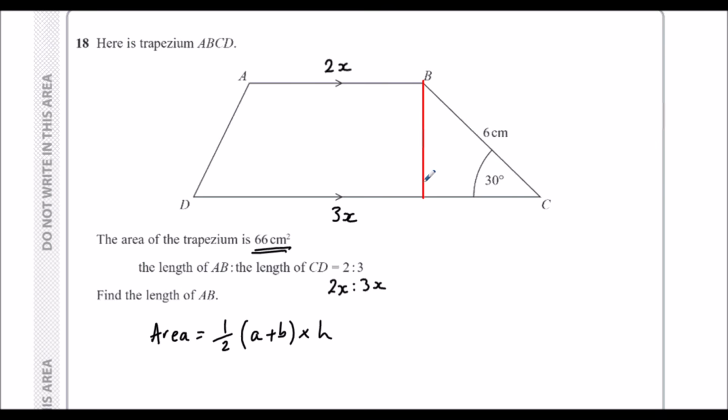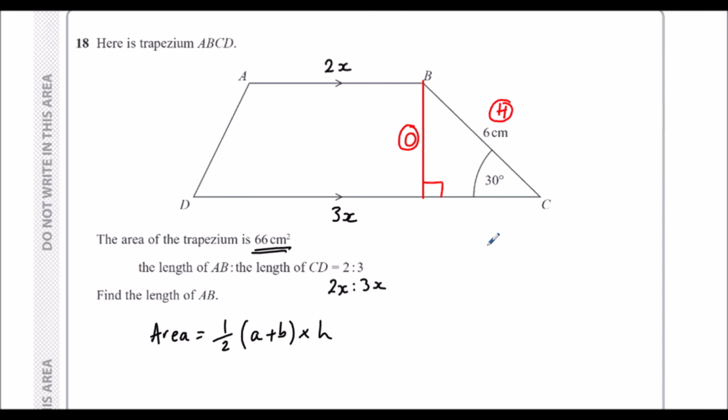So we can make a right-angled triangle here and find the perpendicular height to substitute into the area formula. So let's do that. We've got the hypotenuse and we want to work out the opposite. So we're not interested in the adjacent.